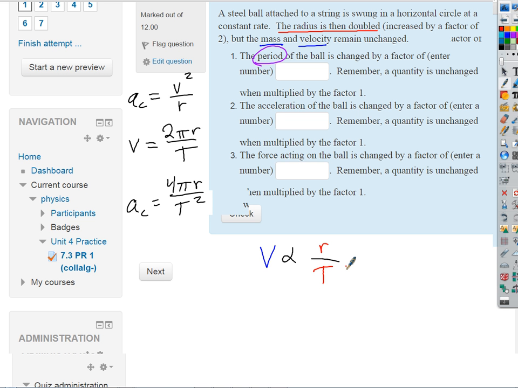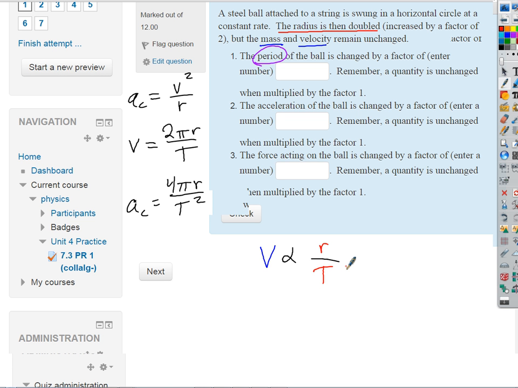So I have to get v as a constant, so it's not changing. It's changing by a factor of 1, in other words, right? And what we're really looking at here, and we're talking about a proportionality, is by what factors are these quantities increasing or decreasing. We don't need to do any calculations here at all.